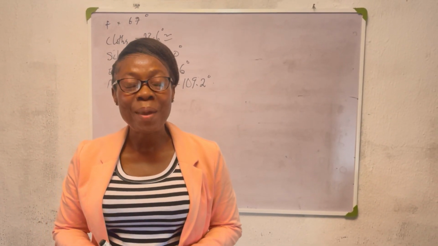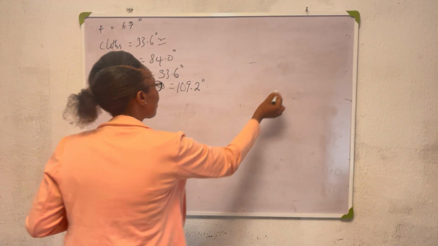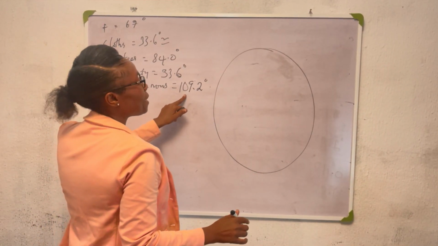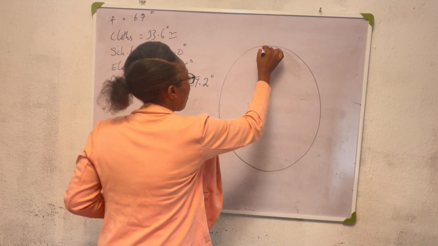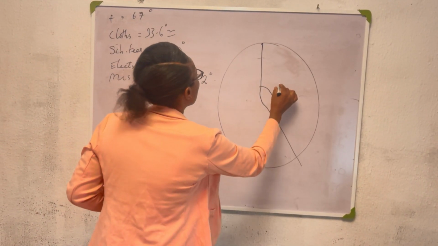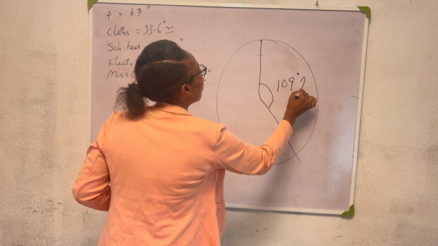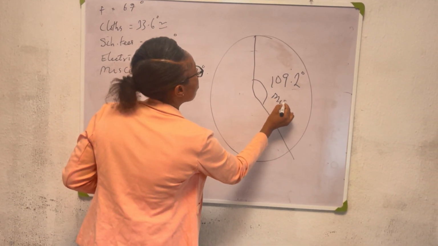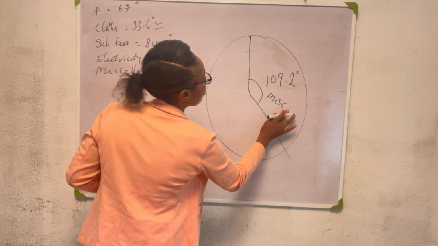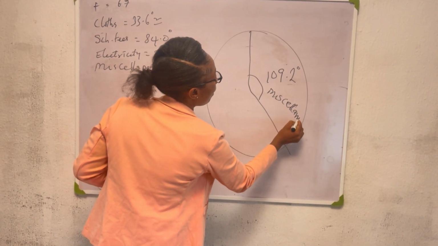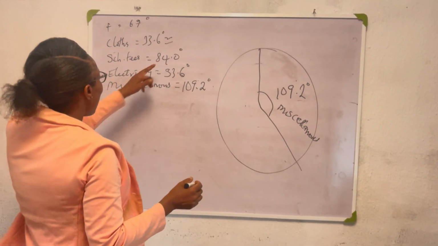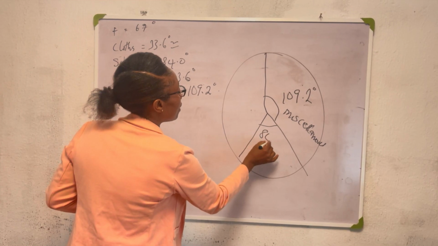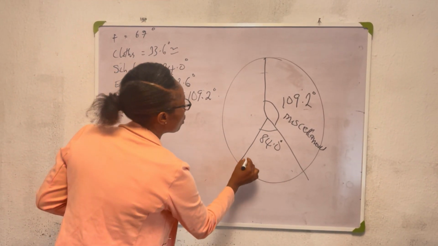With these values, let's make a sketch. I will represent the biggest degree. That is my miscellaneous. Then I have another bigger angle, I'll represent it. 84 degrees. That's my school fees.